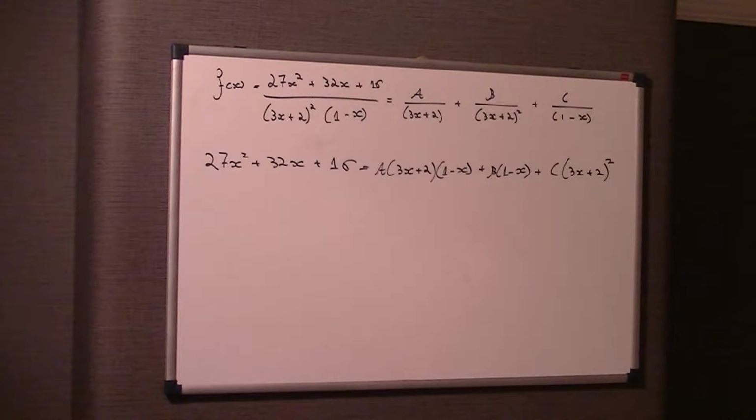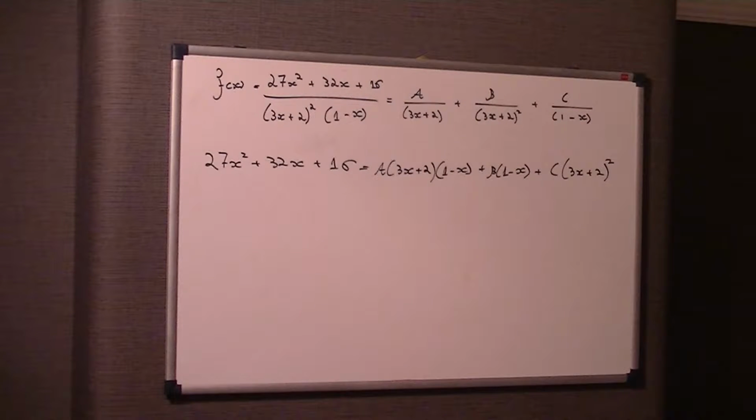Obviously we need to find B and C first, because presumably we won't be able to show that A is 0 until we've found B and C, just through the wording of the question.